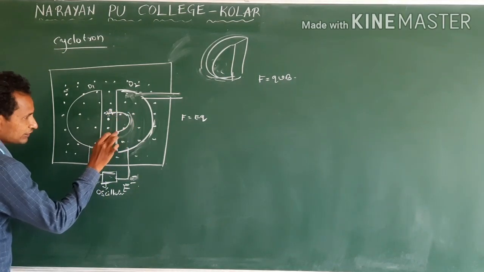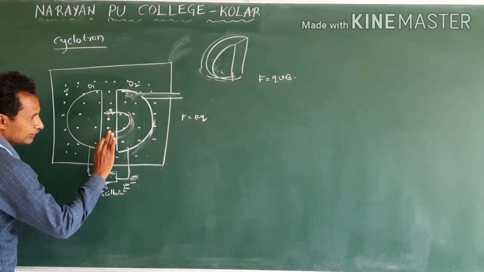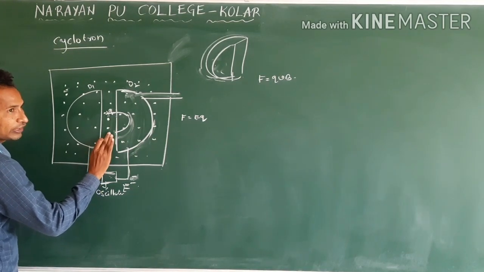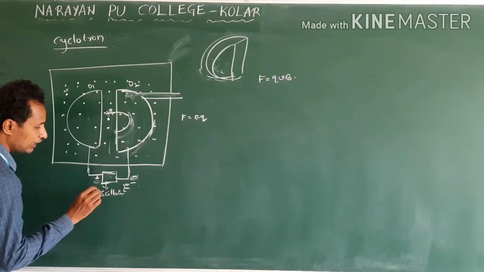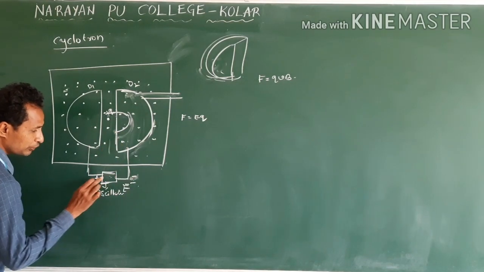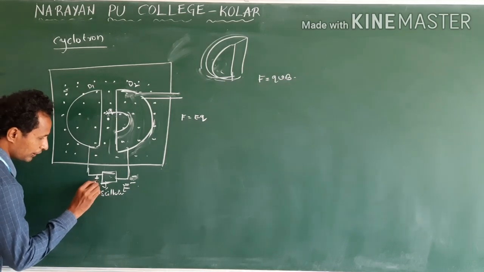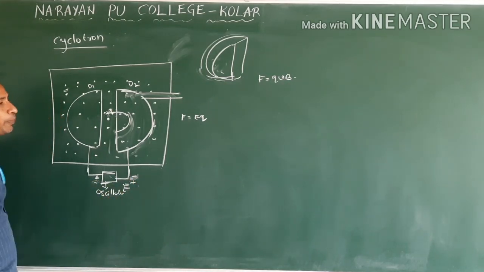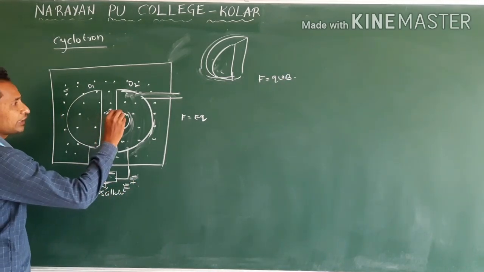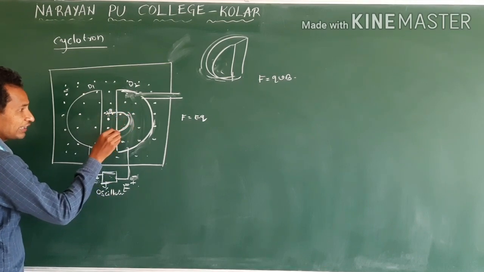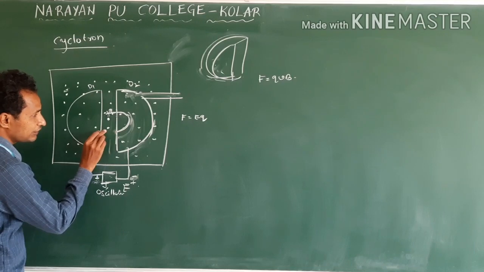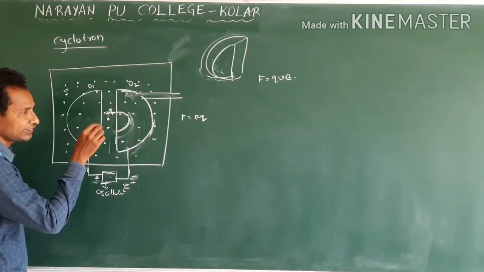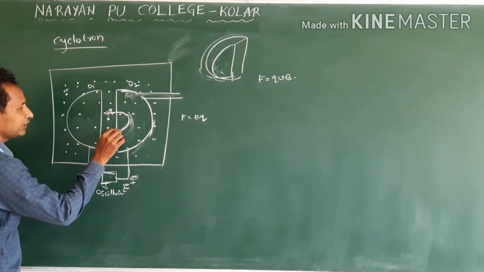Now as soon as this charged particle enters this region, here there is no electric field. Clear? Now this potential is altered. Previously negative, positive, now this will become negative, this will become positive. Understand? Then it accelerates further, velocity increases, then what happened?